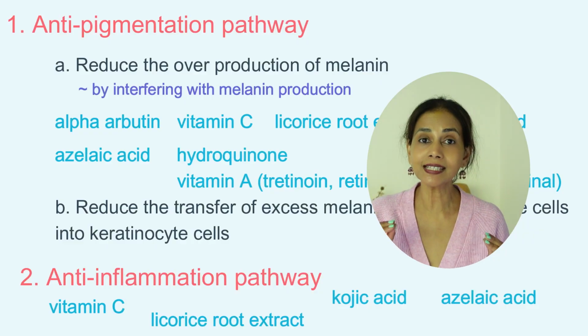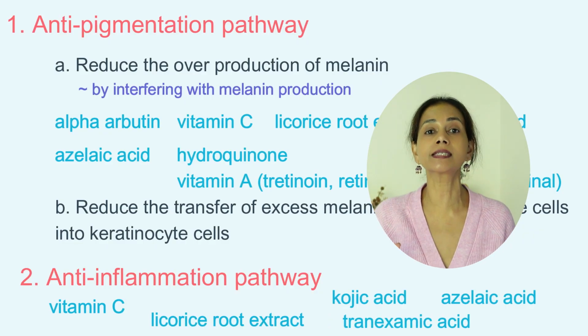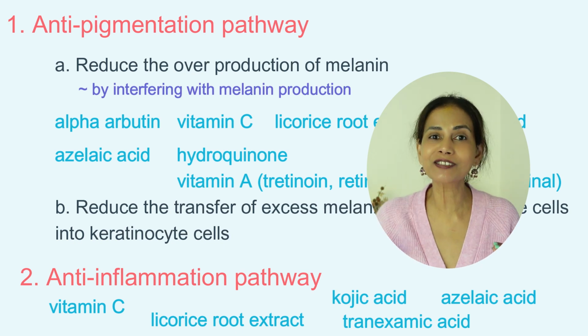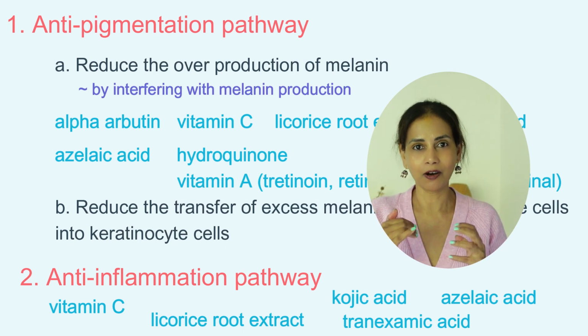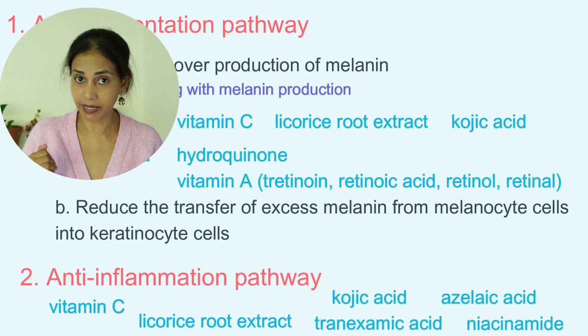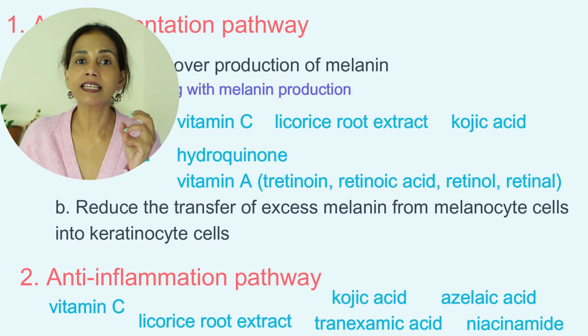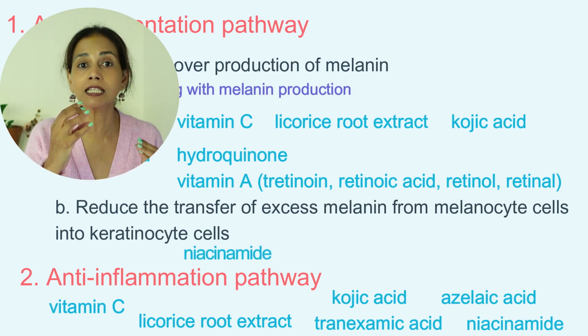The next ingredient is tranexamic acid. Now this ingredient is an anti-inflammatory ingredient. It's going to calm the skin, soothe the skin, reduce that inflammation and bring that excess production of melanin down. The last ingredient I want to mention is niacinamide, which is an anti-inflammatory ingredient, brings that inflammation down, and it also reduces the transfer of melanin.